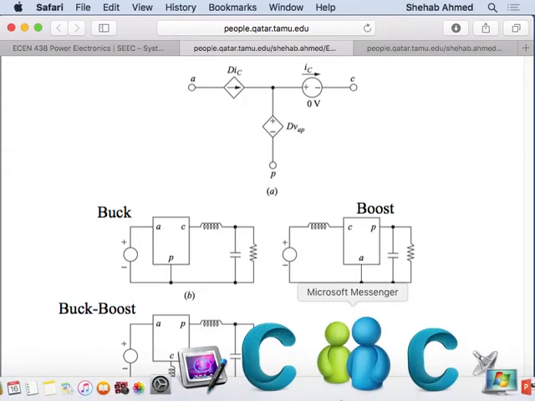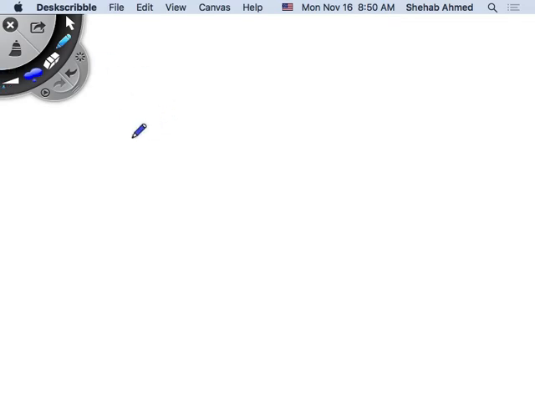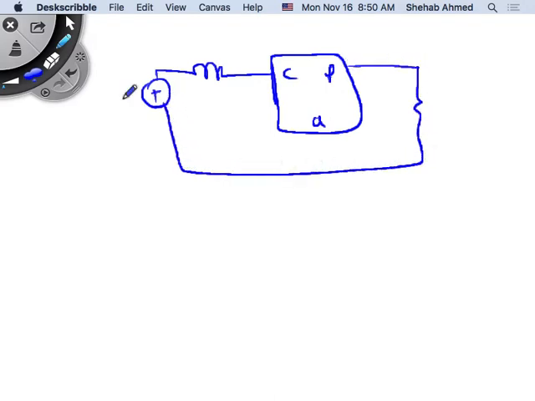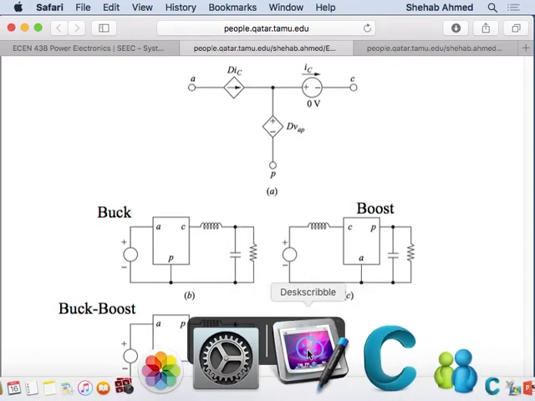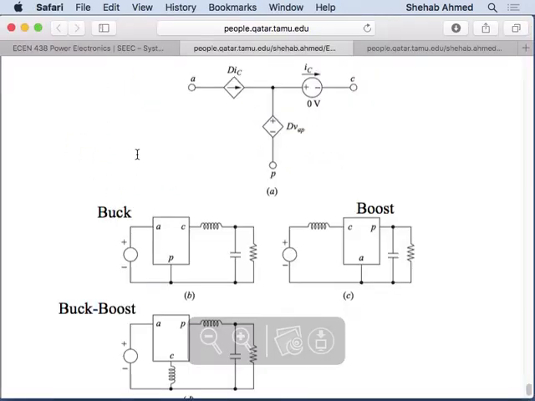Okay, let's redraw it. C, P, and A here, right? That's what they did. A is the dependent current source, and P is the dependent voltage source.